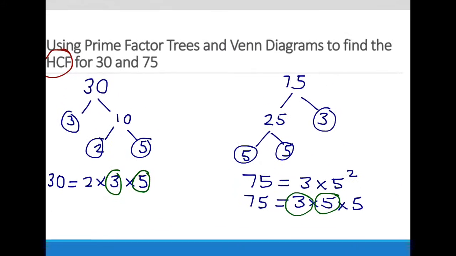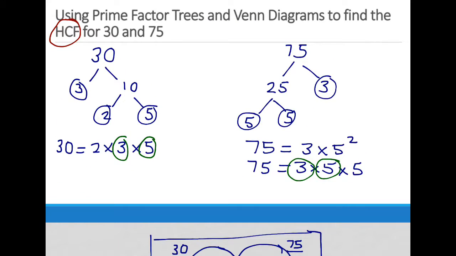And here we found the highest common factor of 30 and 75. What's changed in this question is that it has changed from the highest common factor to the lowest common multiple. But actually, I can use all of my work here to work out the lowest common multiple.